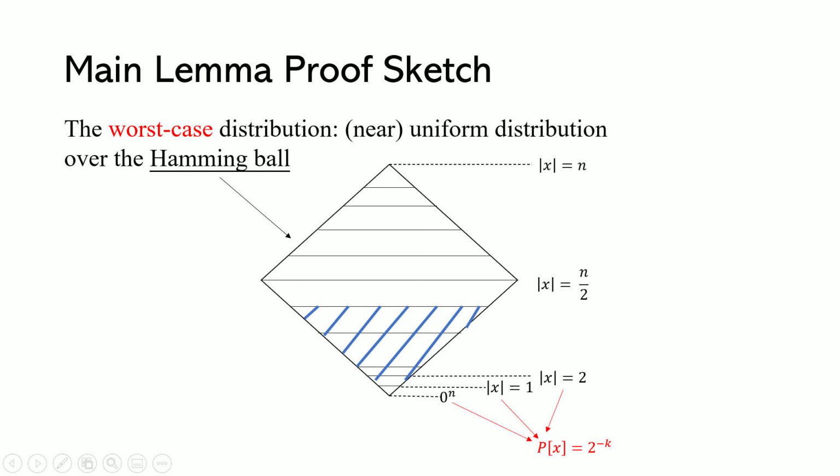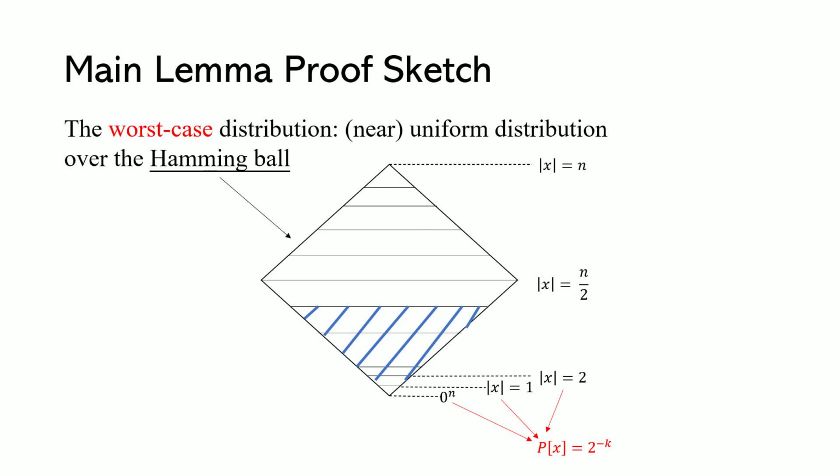To see what this distribution looks like, we first draw a Hamming ball, where each layer represents a set of strings with the same Hamming weight. We build this distribution up greedily. Since the all-zeros string has the largest Fourier coefficient, 1, we want to put more probability mass on strings whose number of ones is few, while maintaining mean entropy k.